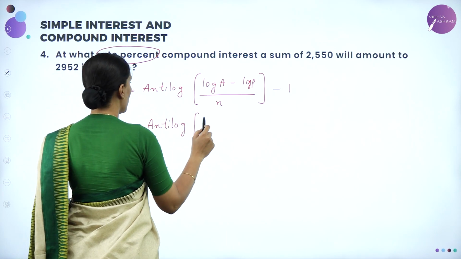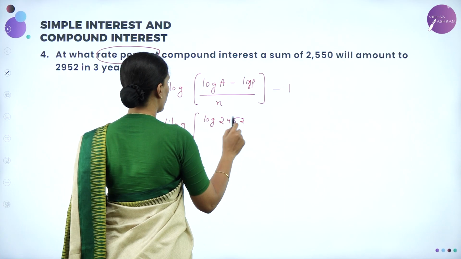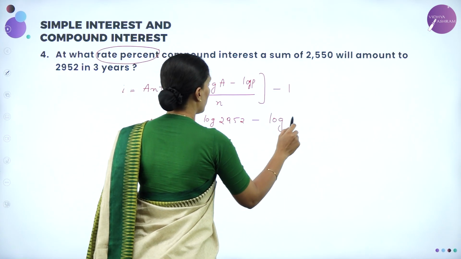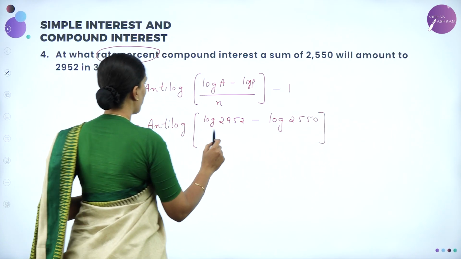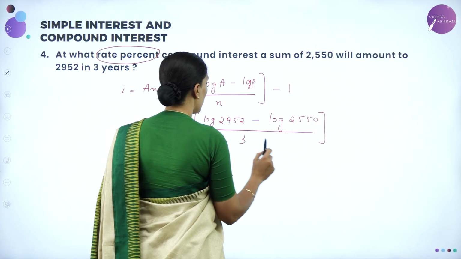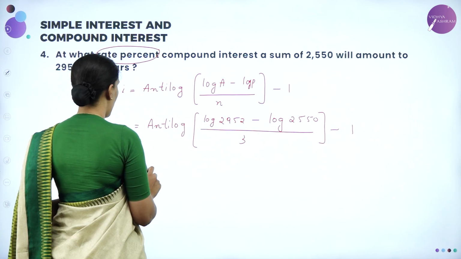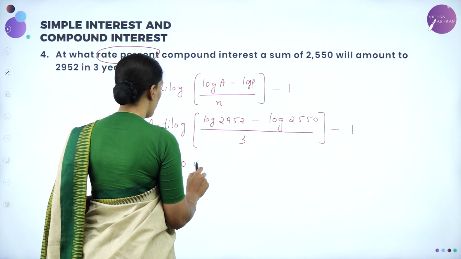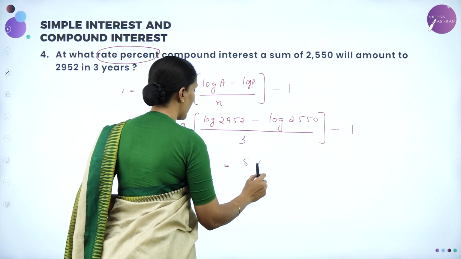So amount is 2952 and principal is 2550. So number of years given is 3, minus 1. So using the log value here and calculating with the anti-log, we will get 0.05 as the answer. So 0.05 is nothing but 5%.